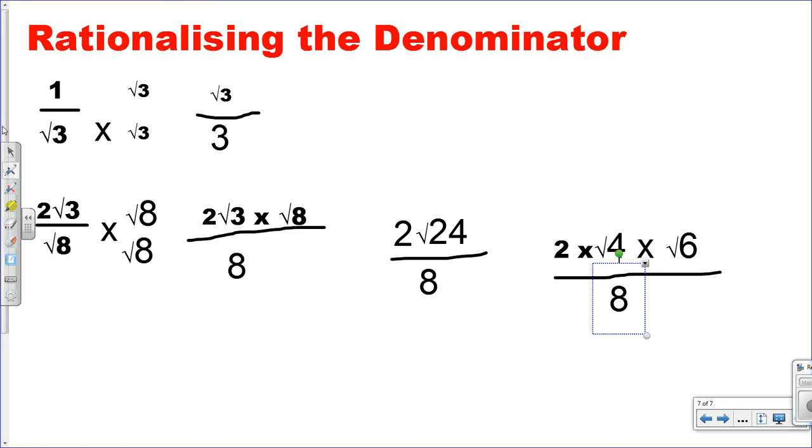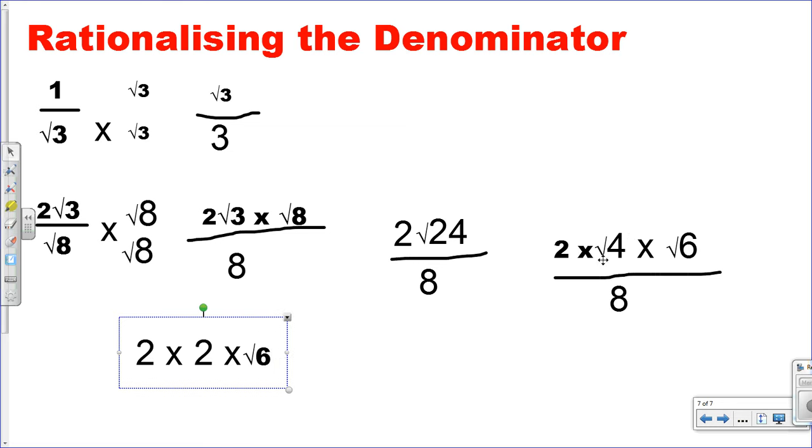And we know what the square root of 4 is now. The square root of 4 is 2. So that's 2 times 2. We don't know what the square root of 6 is, so we'll leave that as it is, over 8.